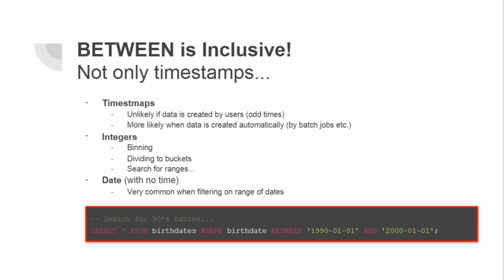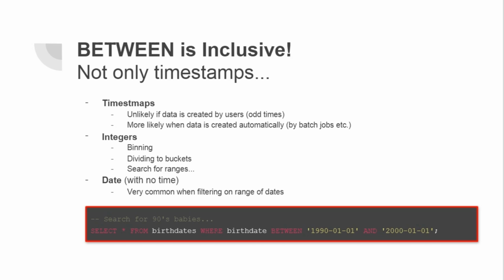But if you have automated jobs or batch jobs that create objects, they usually do that at round hours. And when you have transactions created at round hours, you might fall into this very, very common pitfall. Now, between is inclusive not only for timestamps, but also for integers and dates with no times.